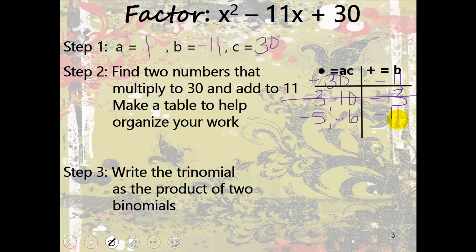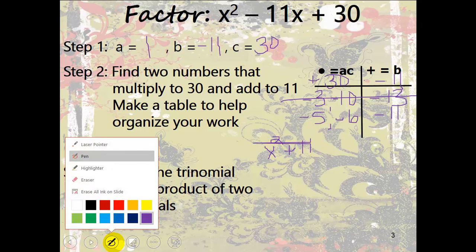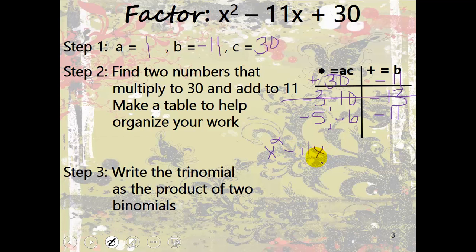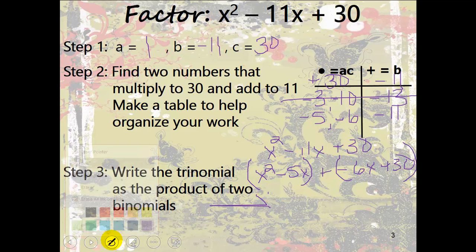So here's what I'm going to do. Instead of writing x squared minus 11x plus 30, I'm going to write this as x squared minus 5x plus negative 6x plus 30. And then I'm going to group the first two together. And I'm going to pull out my greatest common factor, which is x.